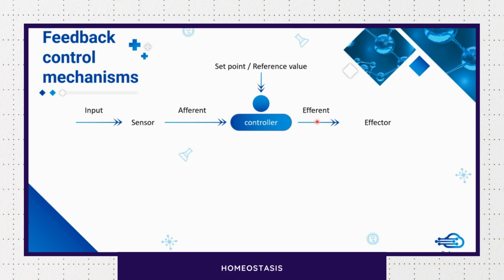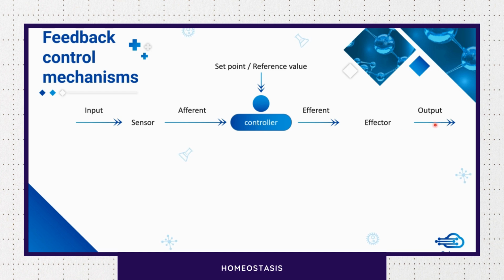Then via efferent it goes to the effector, which brings about the response or the output. Because of this change in the response of the effector, there will be a change in the output. That means, suppose we are considering the body temperature, this effector will cause a change in the body temperature.